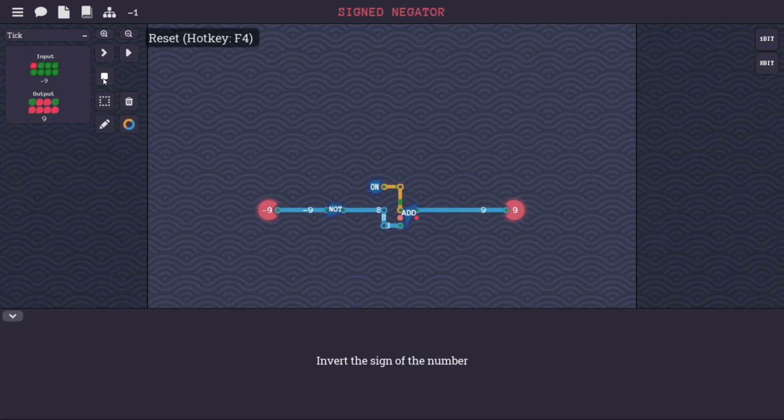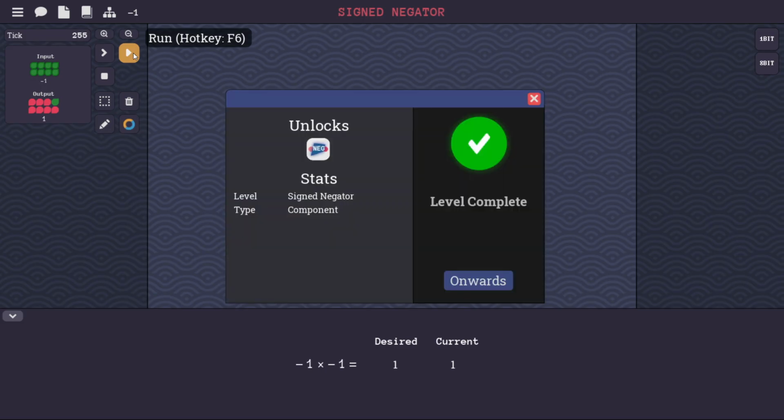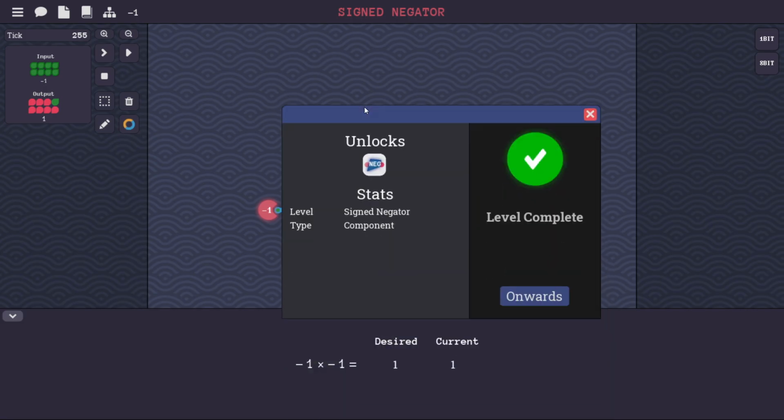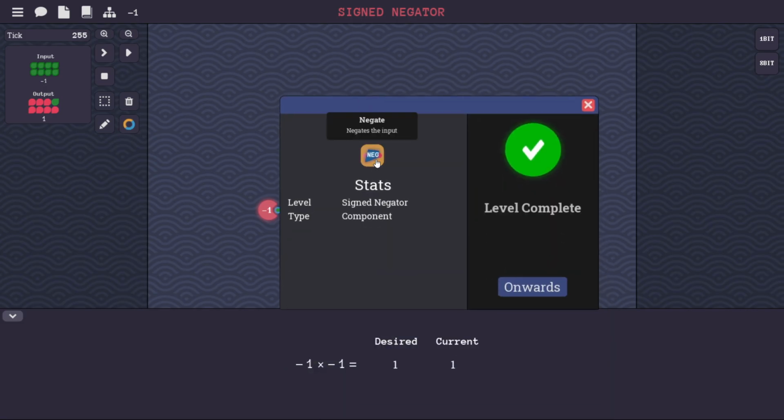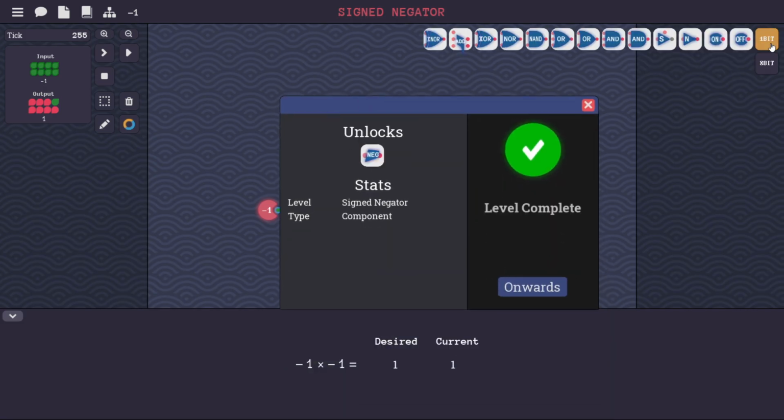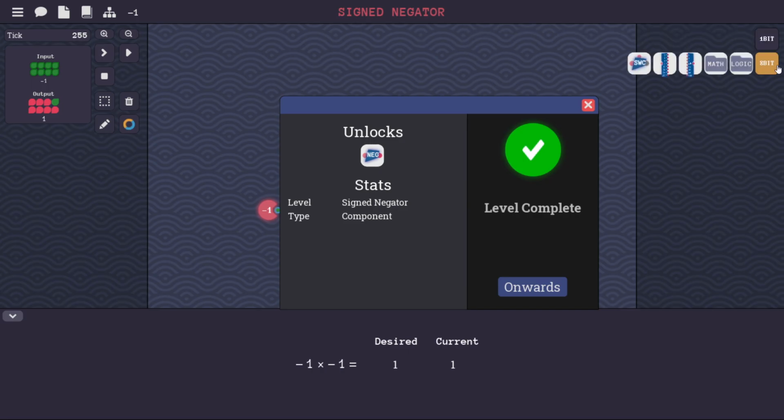And I believe that's it for the level. And you can see it should pass all these conditions. And now we have a new component. Note that this is different from the not.